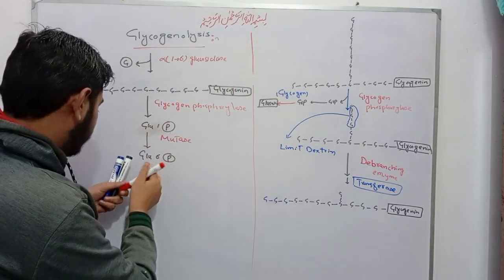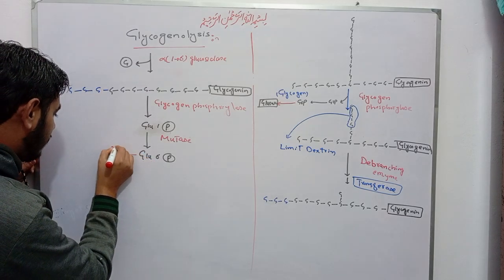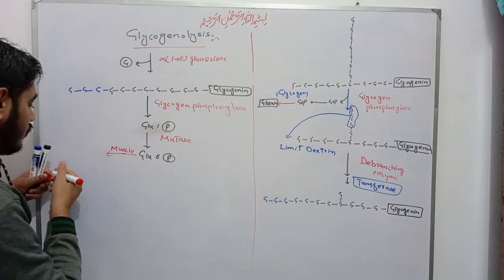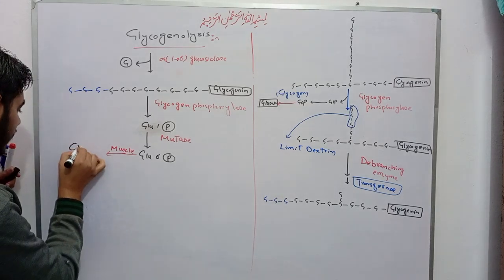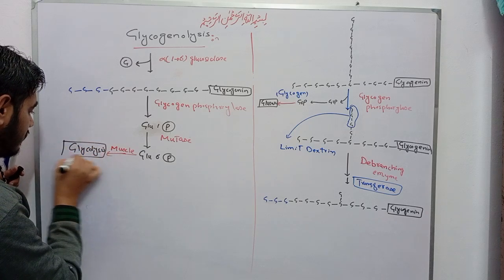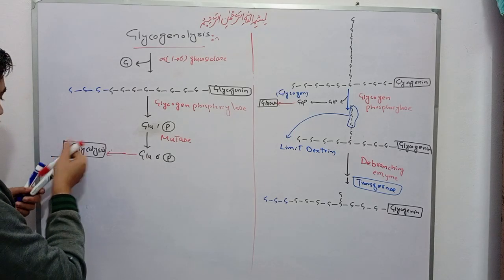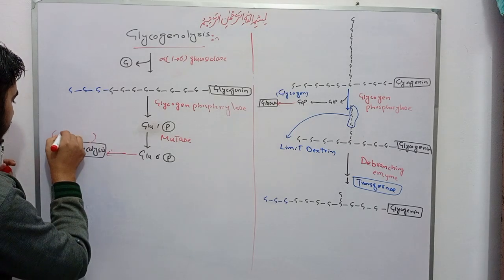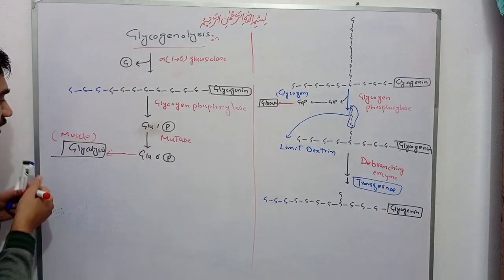So in muscles, this glucose 6 phosphate directly enters into the glycolysis process. I'm writing here: in muscles, this glucose 6 phosphate directly enters into the glycolysis process.